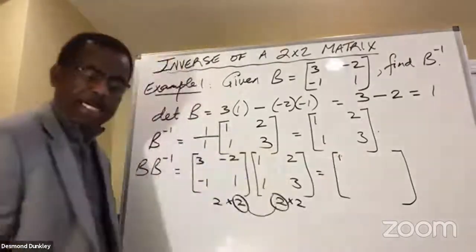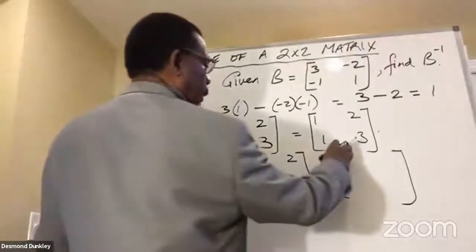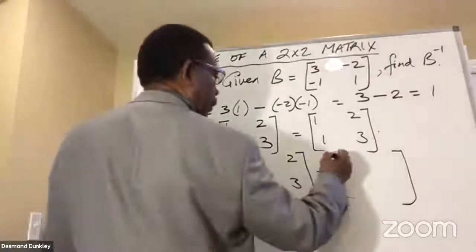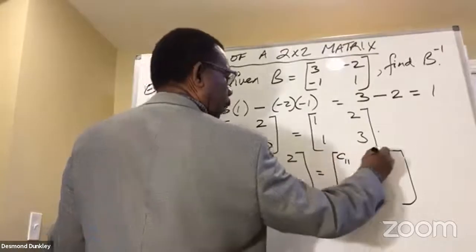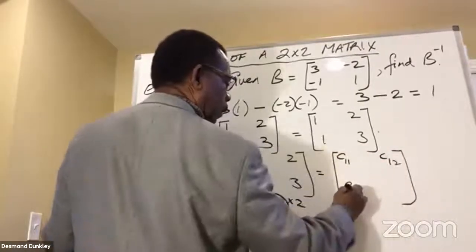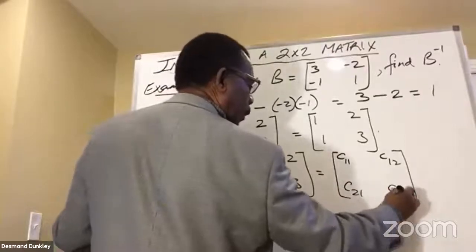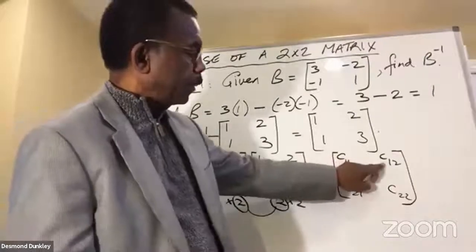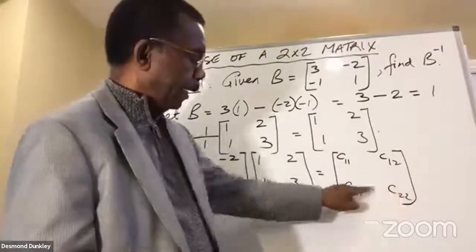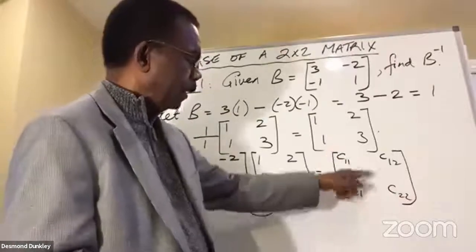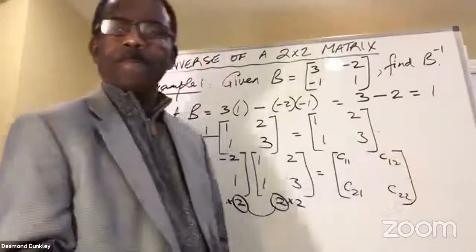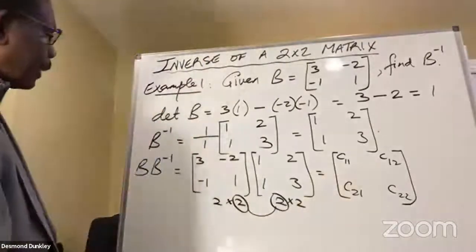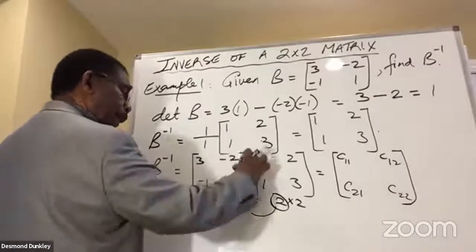Suppose you call the product C. What does it mean? First row, first column. First row, second column. Second row, first column. Second row, second column. So it's positional, okay? The elements are positional.